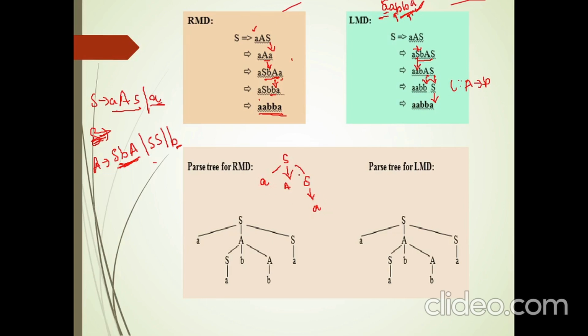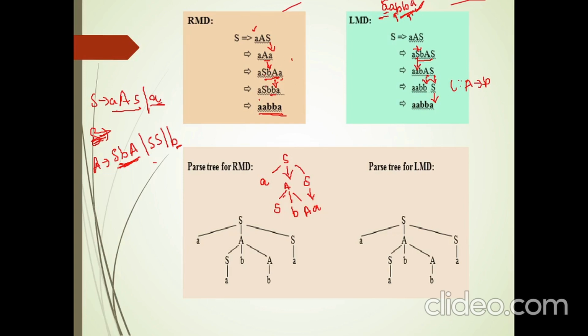Always look at the leaf nodes. Next, I have replaced A by S B A, so A by capital S, B and then A. Next, among these, the rightmost non-terminal is A. What is the character I was supposed to get?